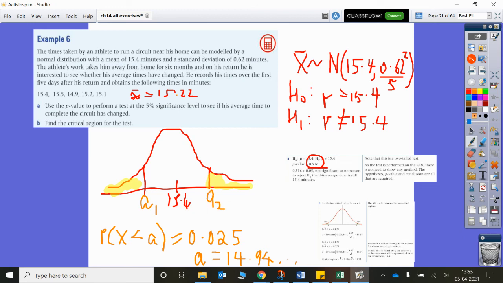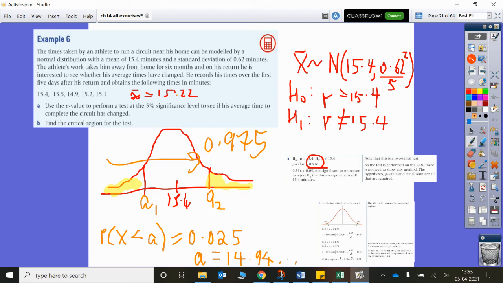It's just not necessary to find in this question. Clearly, that's 15.4, take away this, and then added on to 15.4. So it's that difference there added on to 15.4. Or alternatively, you can do another inverse normal distribution with this total area being 0.95, not 0.975. Check that I did that right. Oh, I did that wrong. Sorry. Inverse normal distribution.